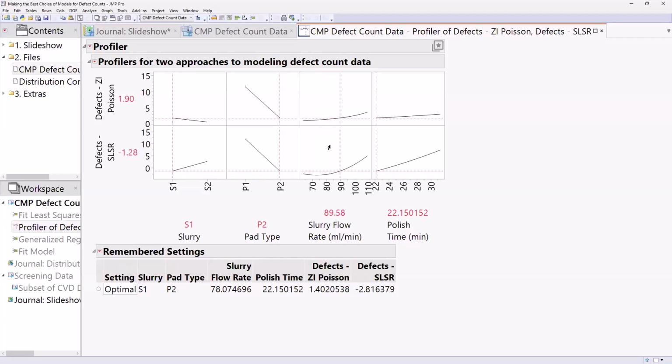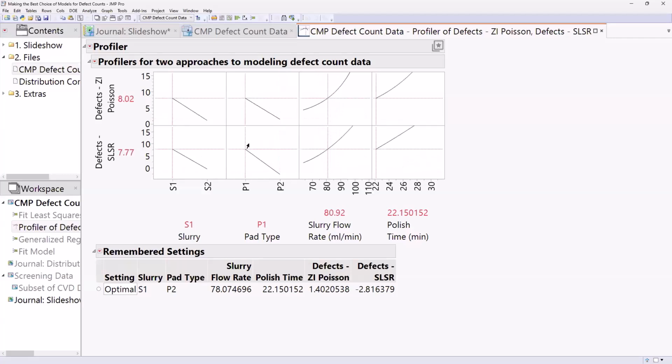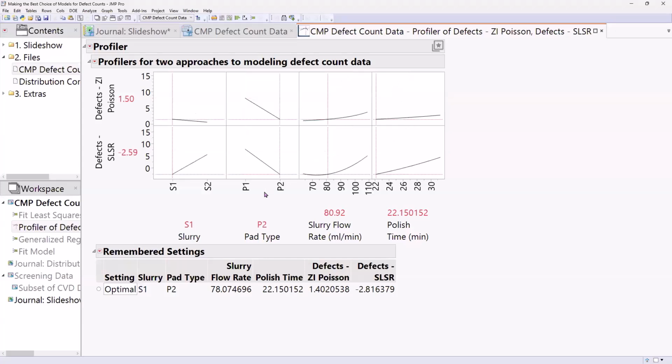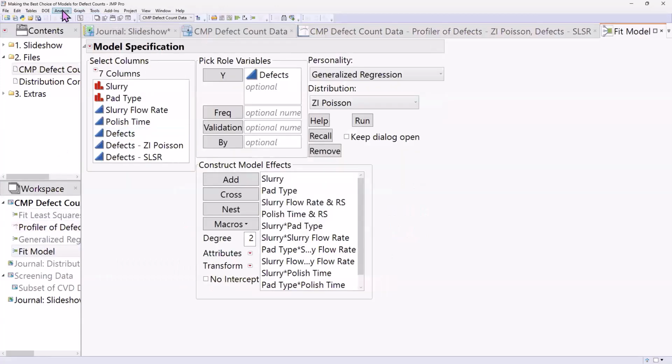So the prediction profiler allows us to play what-if scenarios with process parameters and look at what we expect for our business outcomes. So today, again, we're going to be sticking with defect counts. We will be working in the fit model platform, so Analyze, Fit Model.